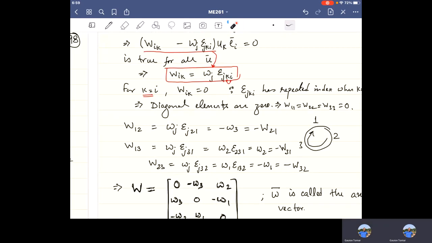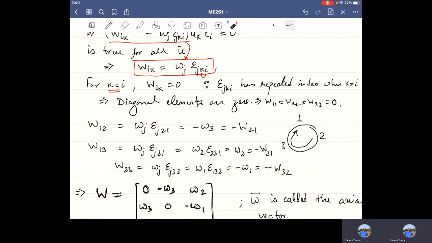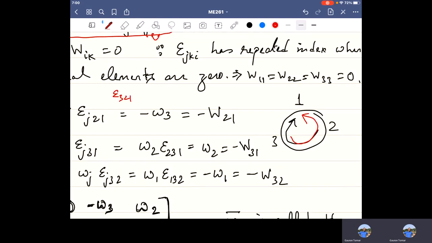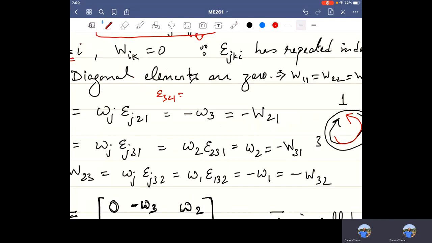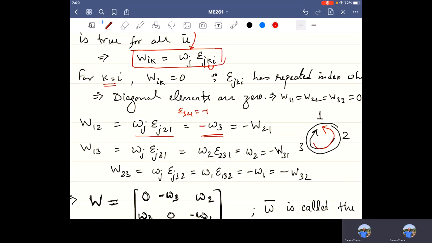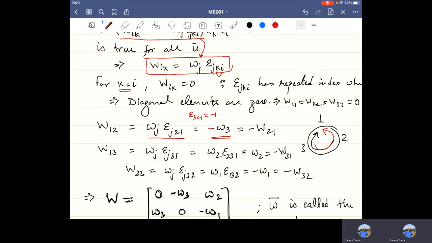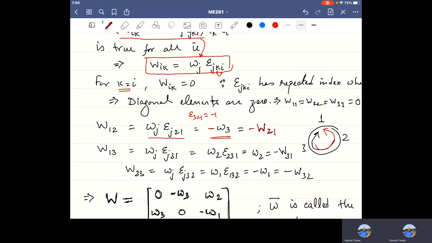So the only quantity which will give you a non-zero value is 3, and then you will have w3 epsilon 321, which is an anti-clockwise run. So it will have a value of -1. So wj epsilon j21 will reduce to only one component of the vector w, which is w3, with a minus sign. And this quantity, because of the anti-symmetric tensor, would also be equal to minus W21.